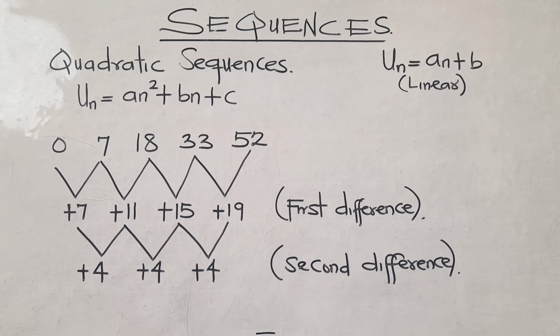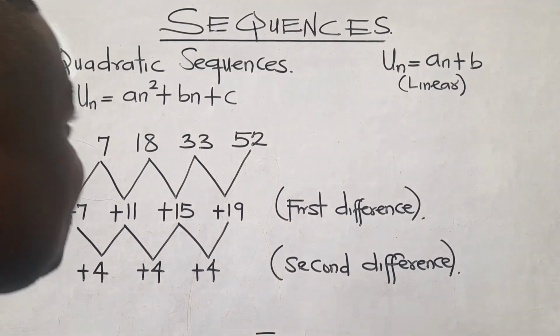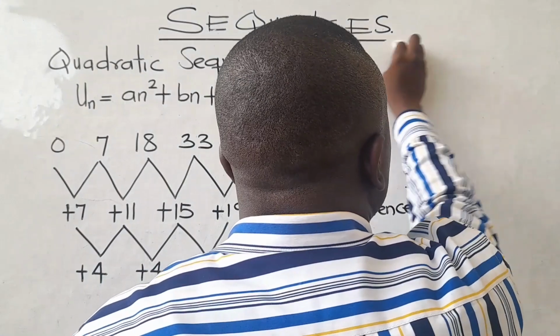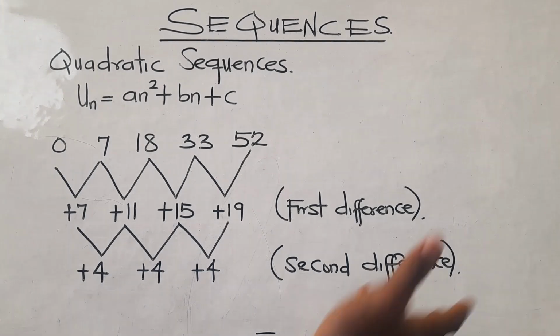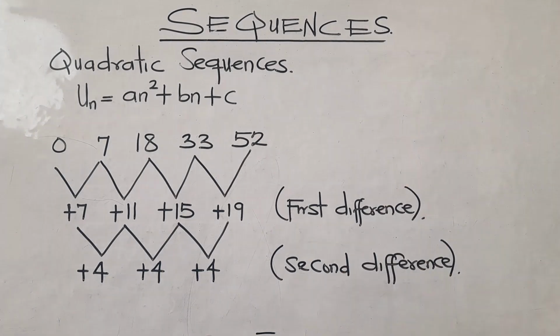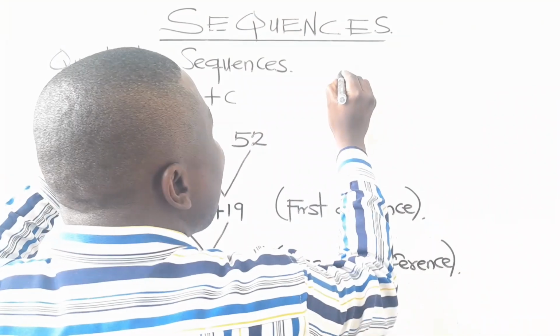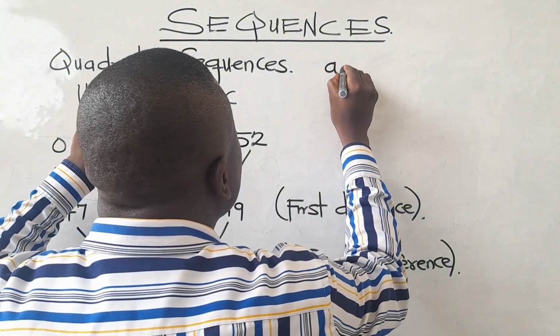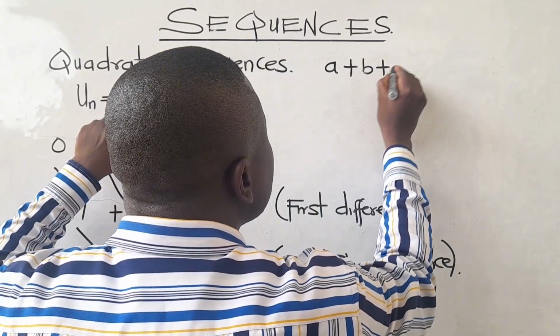Hence, how do we solve quadratic sequences? It's easy. First, let's make n 1. Let's try the first term. If n is 1, you have a plus b plus c.